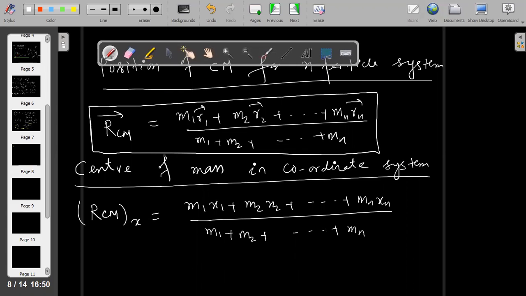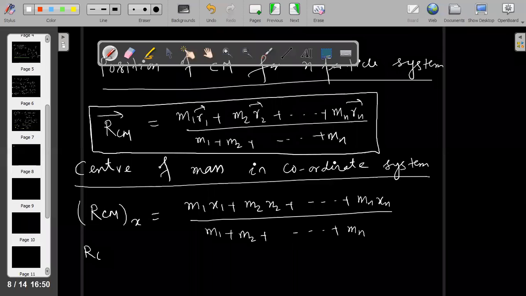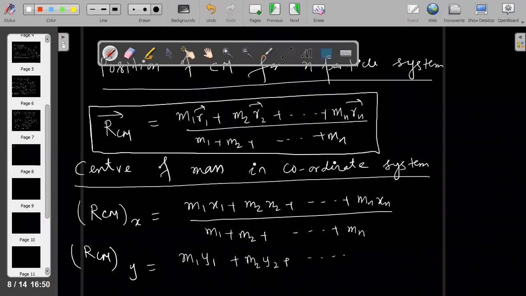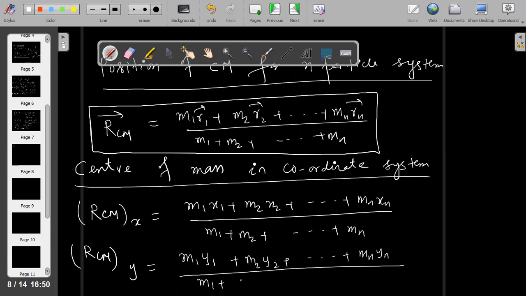The position of center of mass along y is m1 y1 plus m2 y2 and so on up to mn yn, divided by m1 plus m2 and so on up to mn. This is in the y coordinate.